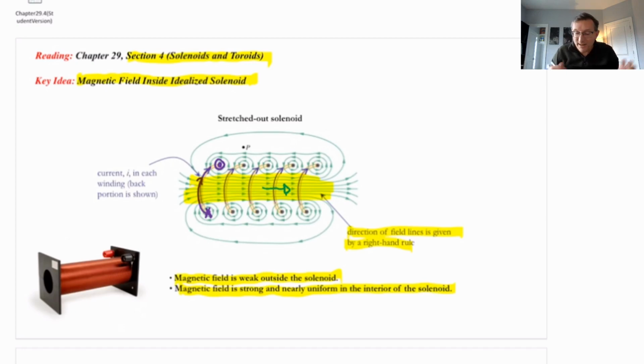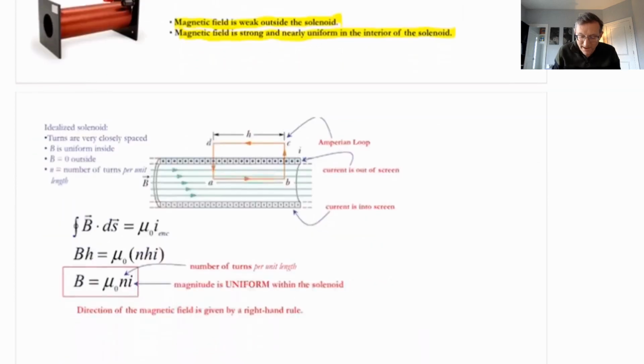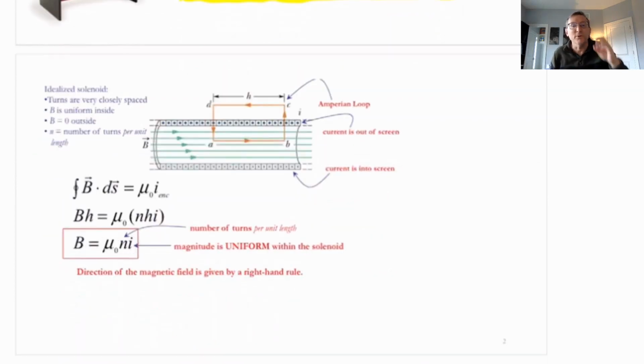Now we're going to study what's called an idealized solenoid. And here's the next schematic of that. It's another cross-sectional view. And here what we're idealizing the solenoid to be is a whole bunch of circular turns, one beside the other, going down the line. And each turn, and we're seeing just the back half of each turn in this cross-sectional view.